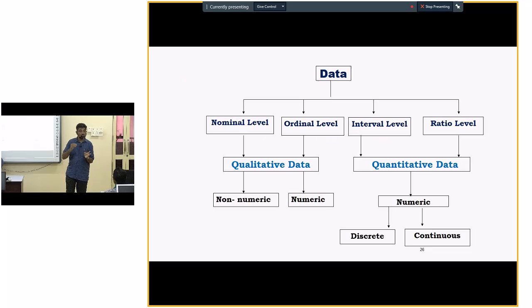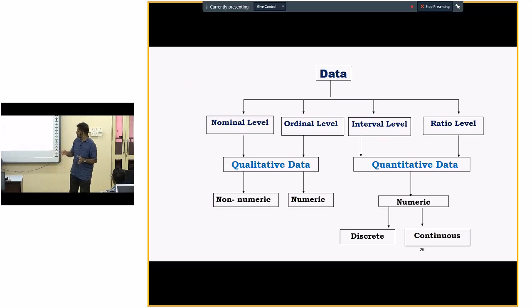We cannot use 1.5 or 1.35. That is the nature of a discrete variable. But continuous means we can see any value between two integers or two countable numbers, right? If you think about your salary, you can say my salary is 150,000 and 50 cents, right?